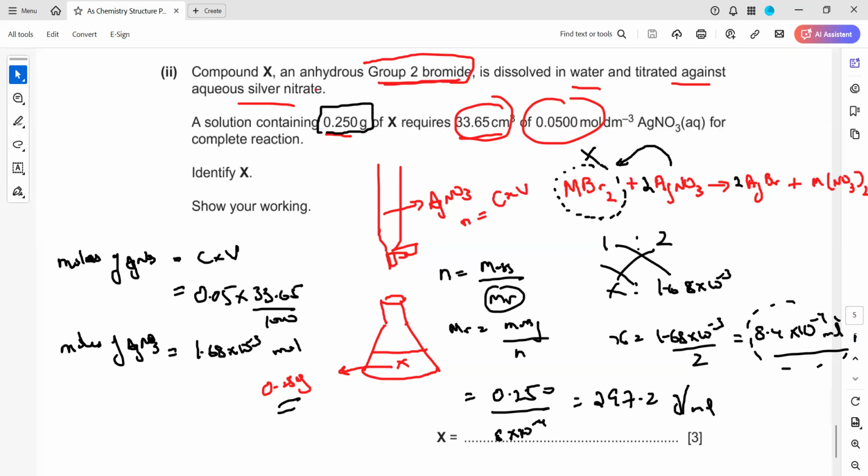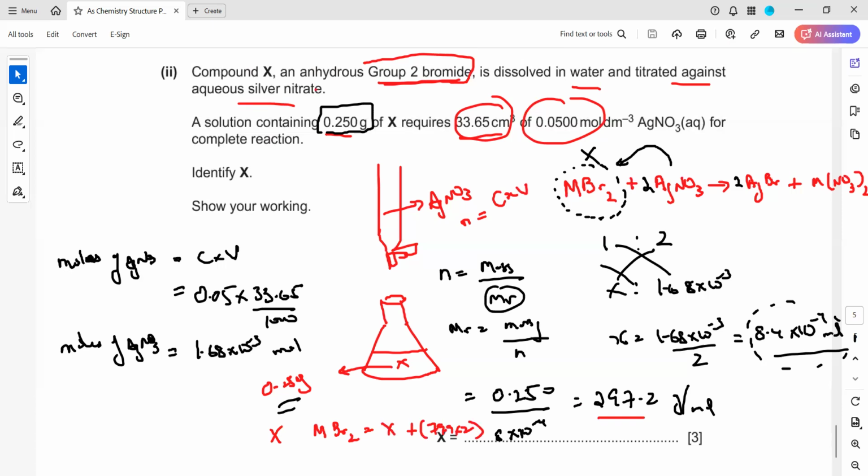Now, after knowing the molar mass, to work out which element is present: X is the metal and 2 bromines, so the total should equal 297.2. Each bromine is 79.9, multiplied by 2.